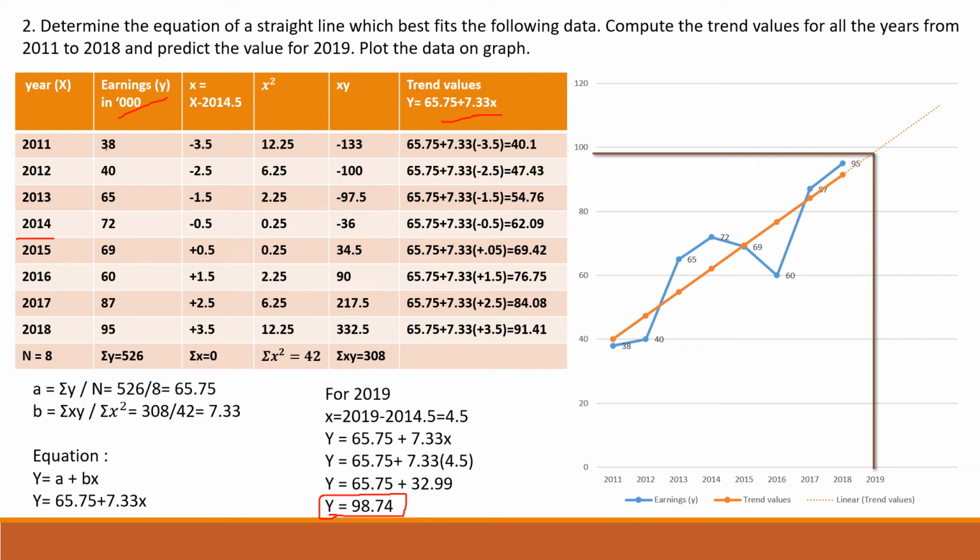Then we draw the vertical and horizontal lines to know the predicted value. So it touches the y-axis. The y-axis shows the predicted value for the year 2019. Therefore, from the graph as well as from the calculation, we estimated the earnings for the year 2019 as 98.74 in thousands, that is, 98,740 rupees is the estimated earnings.